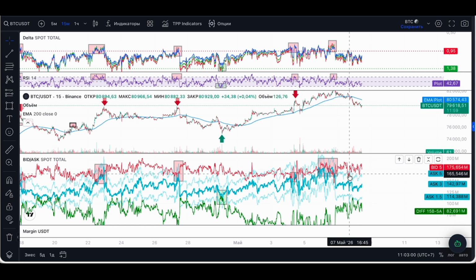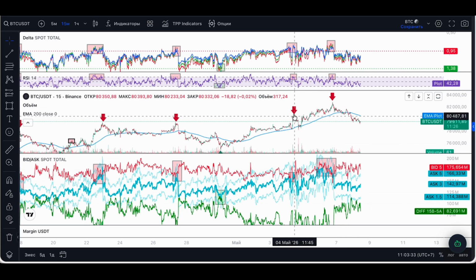Basically those lines show when the cumulative ask orders are more than bid orders, which means that ask orders dominate the market at this particular moment, or here, or here, or here, and when ask orders dominate, the market tends to turn and go down.